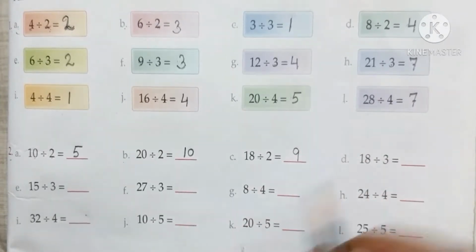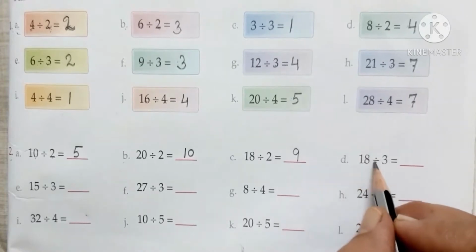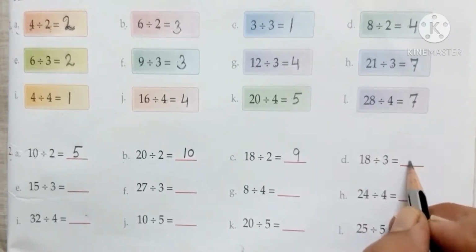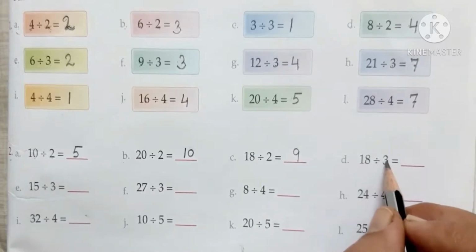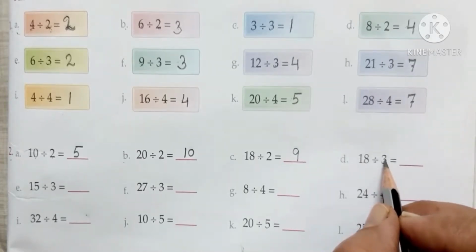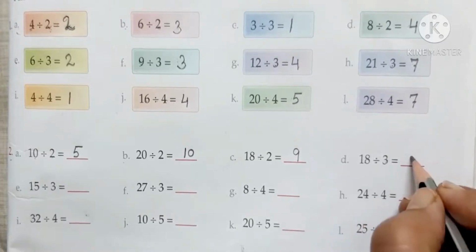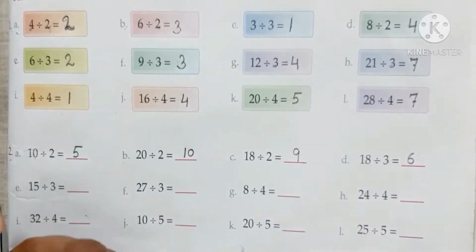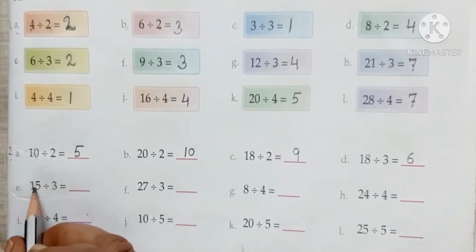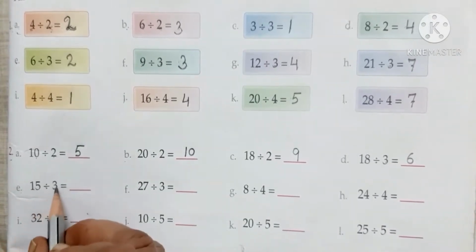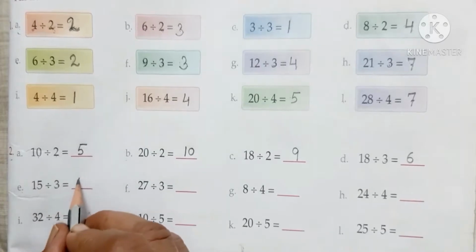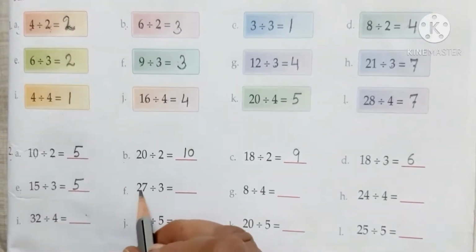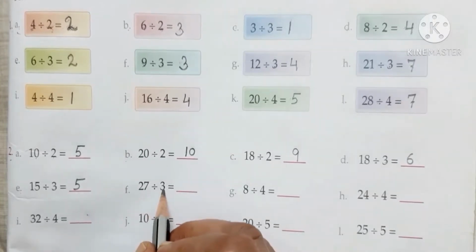So 9 is the answer. D. 18 divided by 3. 3 6s are 18. E. 15 divided by 3. 3 5s are 15.